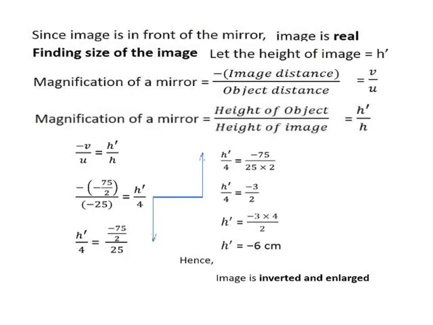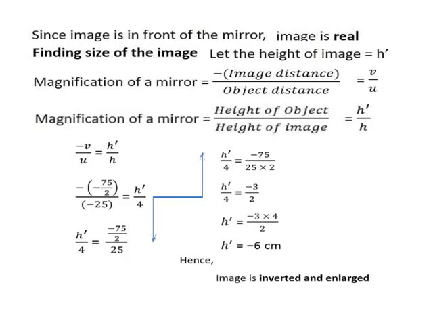And when you compare the height of the object with the height of the image, you will find that it is an enlarged or magnified image. So that's it, children. These are the simple steps you have to follow one by one in order to obtain the answers.